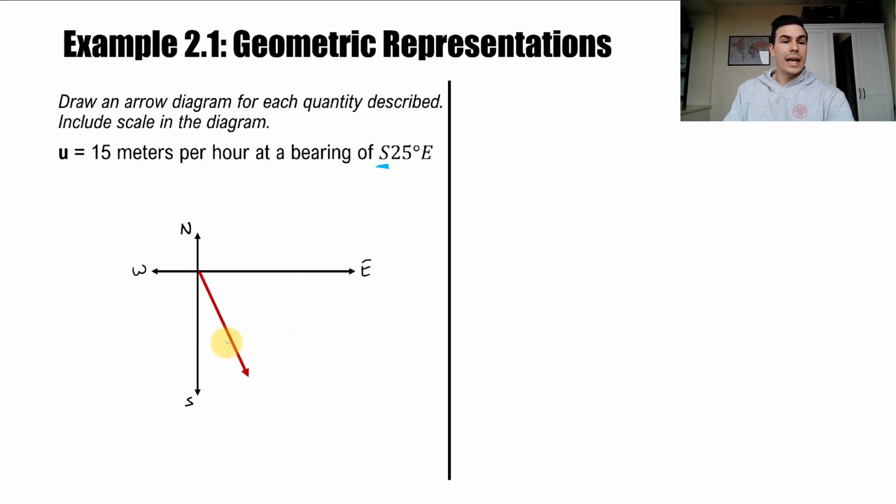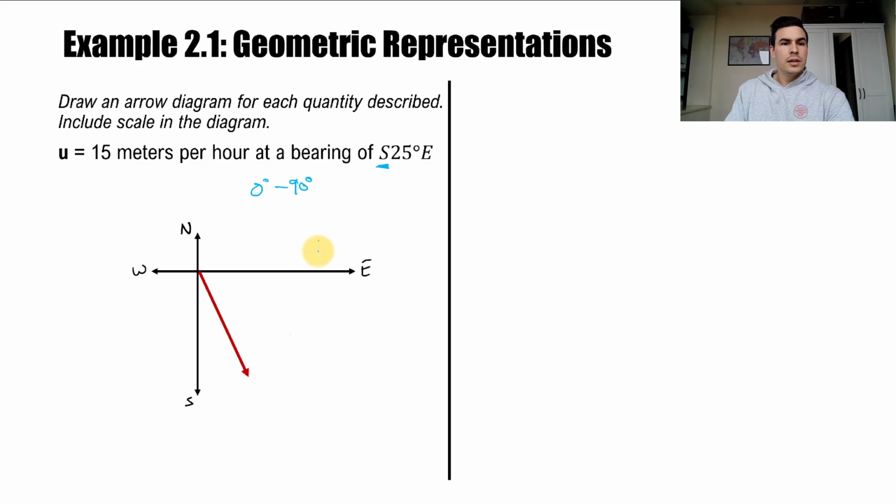Then I'm going to rotate from south 25 degrees in the east direction. So in this case, we'd be going counterclockwise. What this is called when you see this type of bearing is a quadrant bearing. The quadrant bearing just starts either on the north line or the south line, and a quadrant bearing is between 0 and 90 degrees.